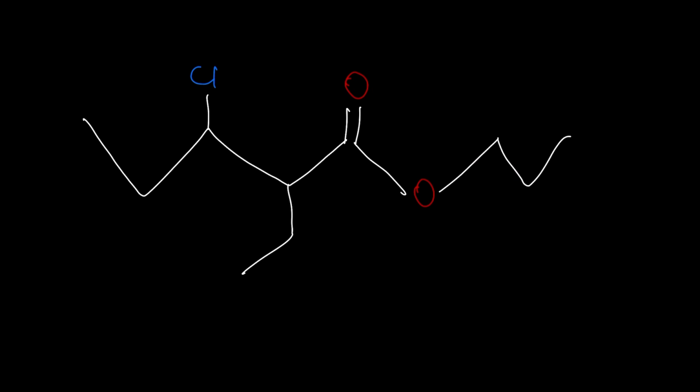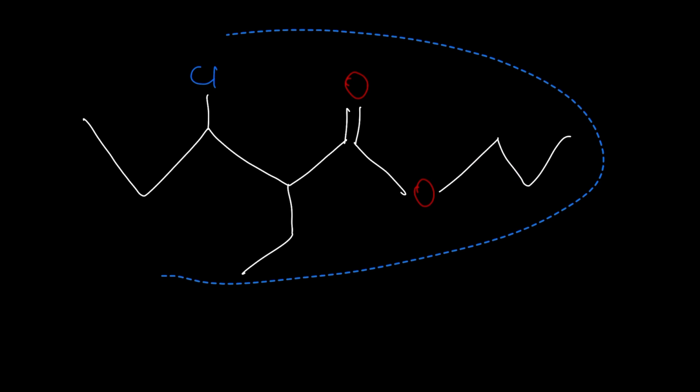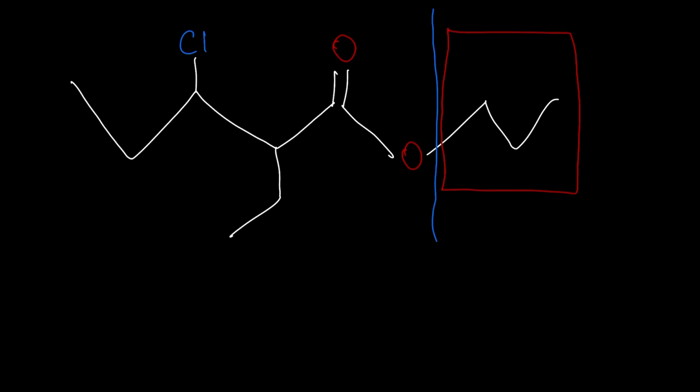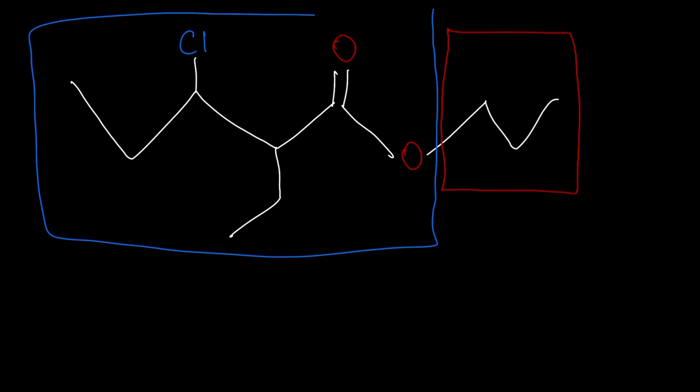So let's talk about this compound. And actually, that was a chlorine. We're going to divide it into 2 sections again. As you can see, we have extra substituents which we didn't have before.